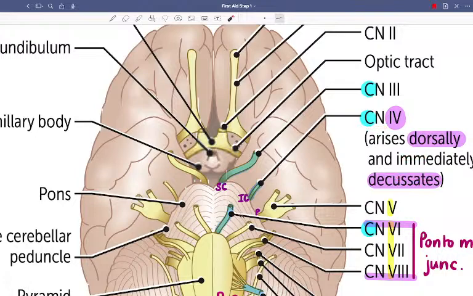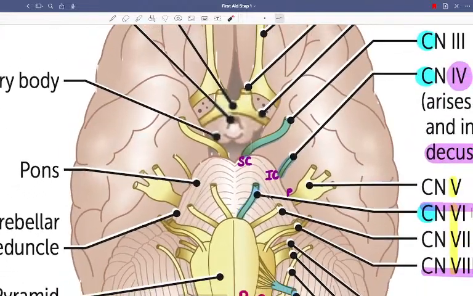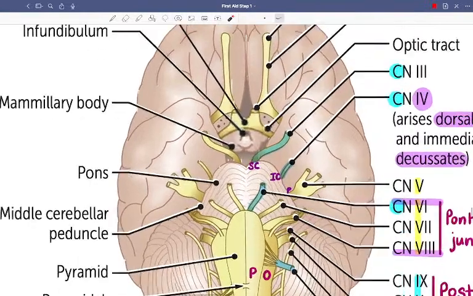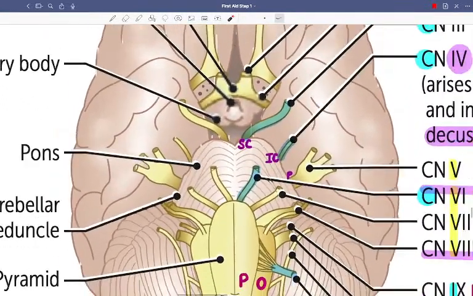Next, the fourth nerve is going to be thin and medial. The third is a fat one, this is a thin medial one. Then the thickest nerve that comes out is the trigeminal nerve, Meckel's cave. So the fifth nerve is the trigeminal. Next we start from medial.